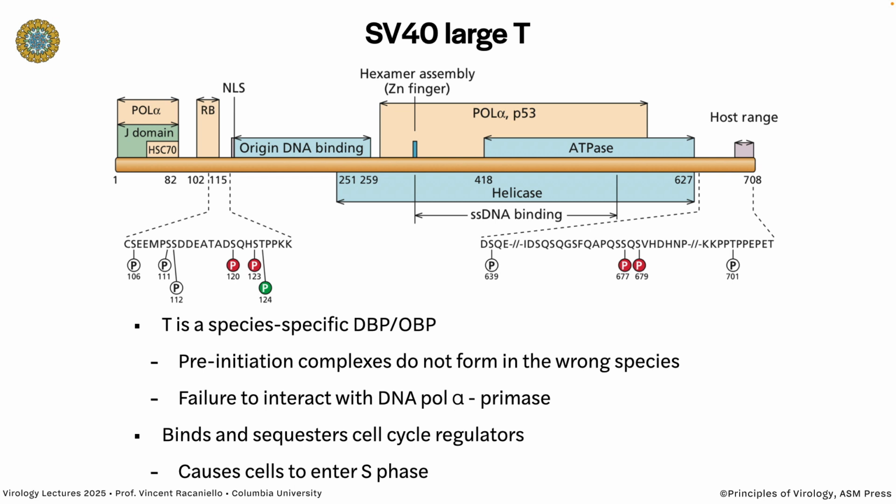This protein also binds and sequesters cell cycle regulators. That's what RB is. It's a cell cycle regulator. And in fact, T antigen makes cells enter S phase.